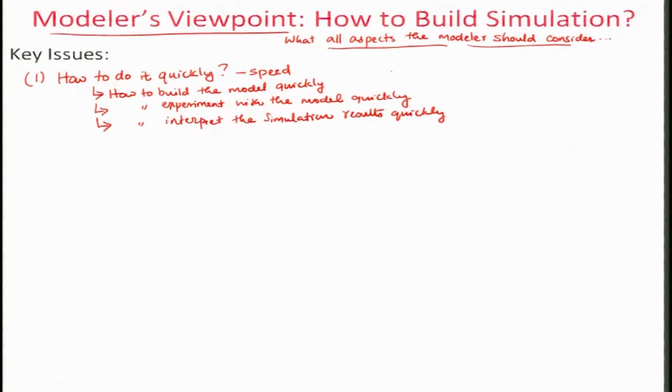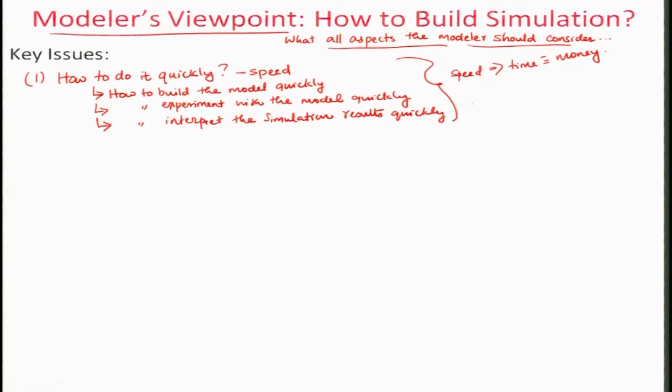So all of these things focus, as we said, on speed, because time is equivalent to money. The more time you spend on this, the more money you will end up spending on running the simulation.